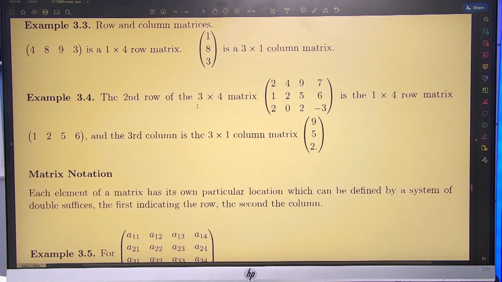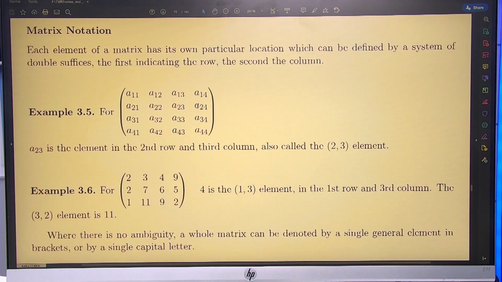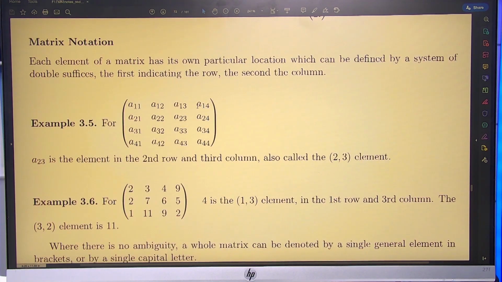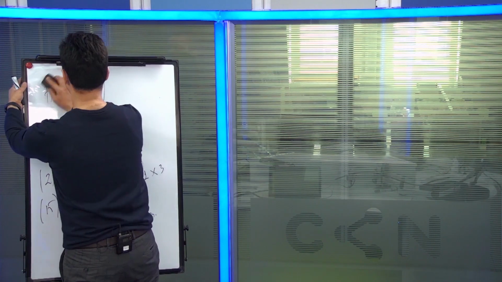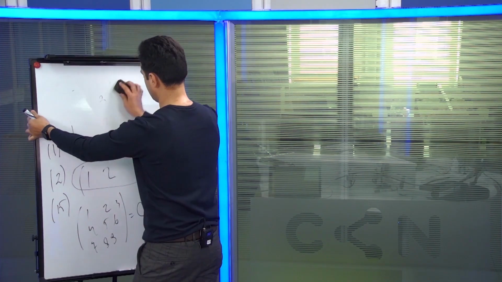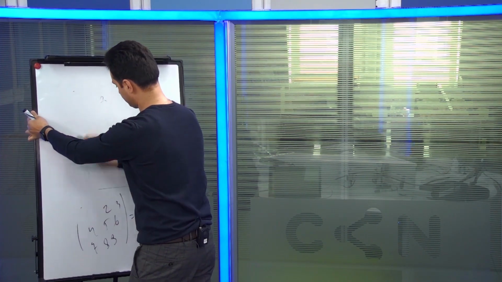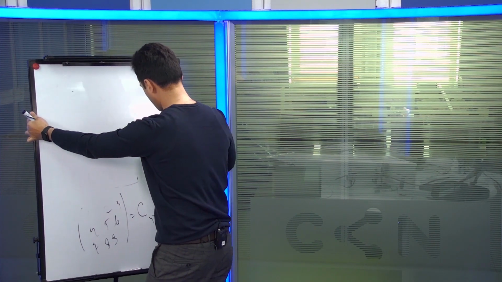Well, matrix notation. Why do we need matrix notation? It's again for some conditions of matrices. We will use this matrix notation to define the elements of a matrix.